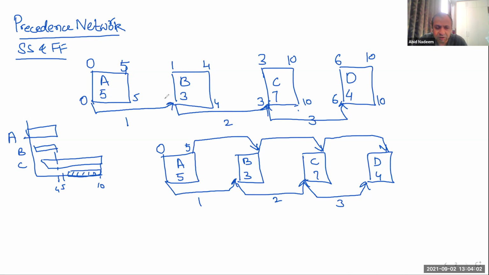And then it was 1. So suppose if it is going to start at 1 and then finish at 4, it is not going to delay it. So for example, can we make that 4 into 5?